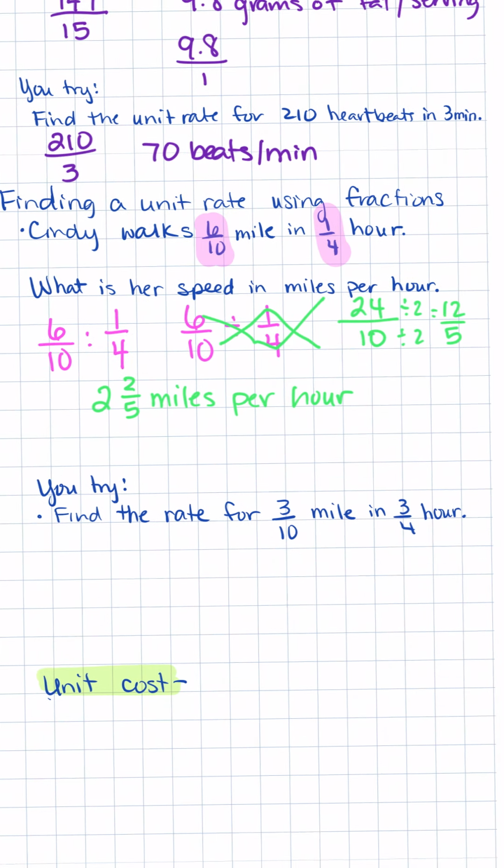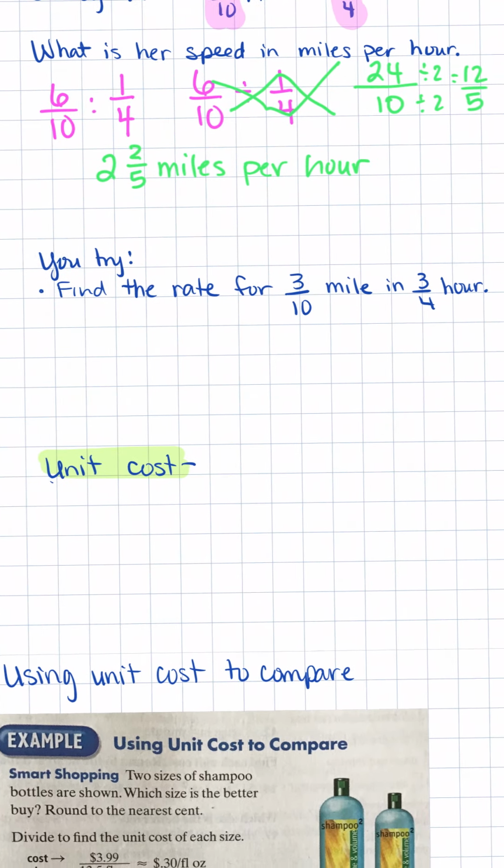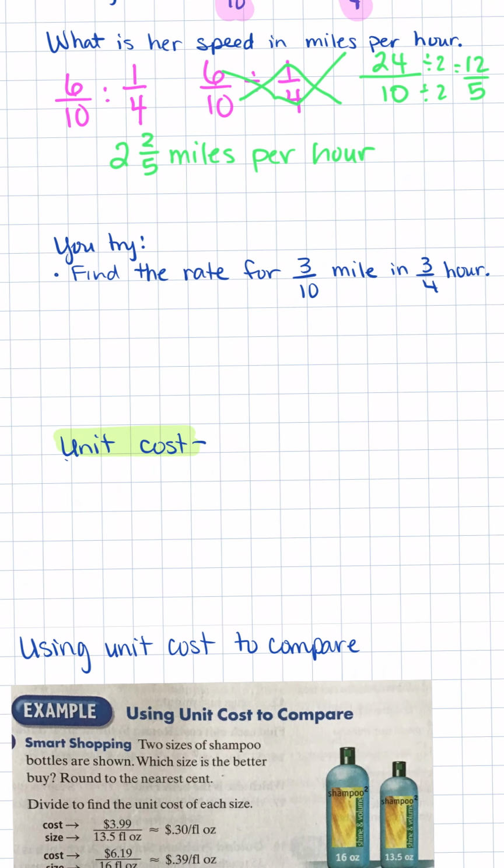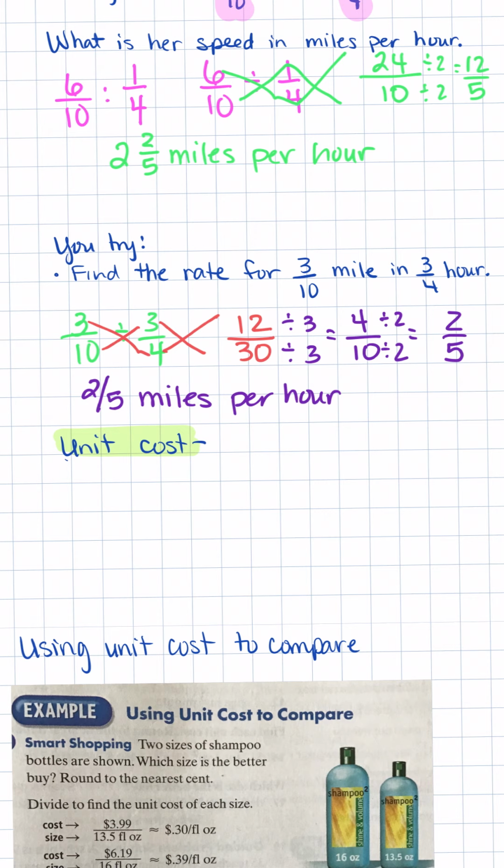So just like before, we divide, but it's a little bit trickier because we're dividing fractions. So you go ahead and try this next one. Find the rate for 3/10 mile in 3/4 hour. Come back to me when you're done. Okay, so I took 3/10 and divided it by 3/4. I went ahead and did the crisscross strategy instead of flipping them.